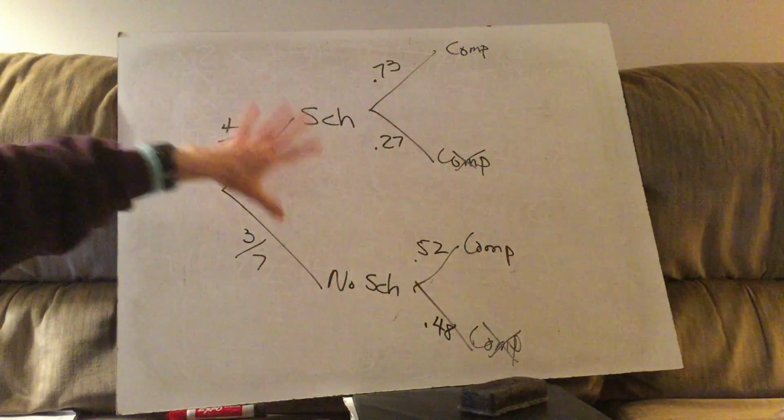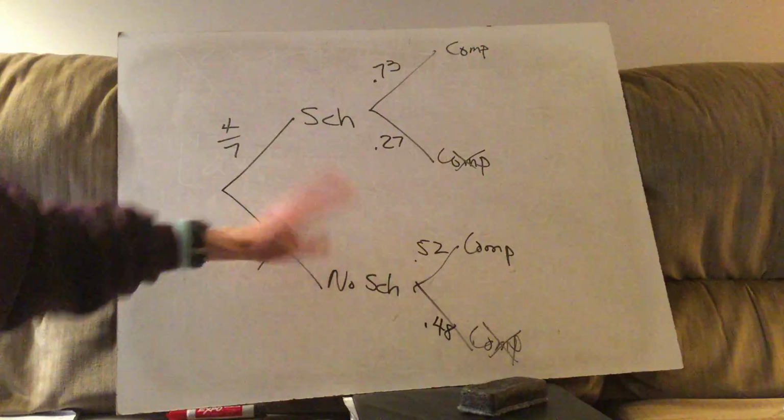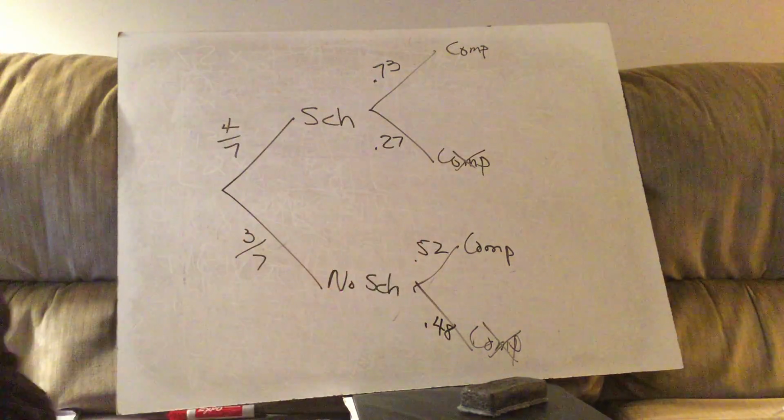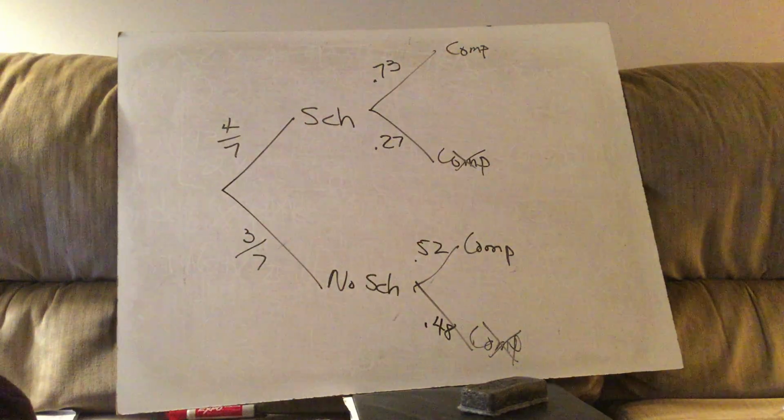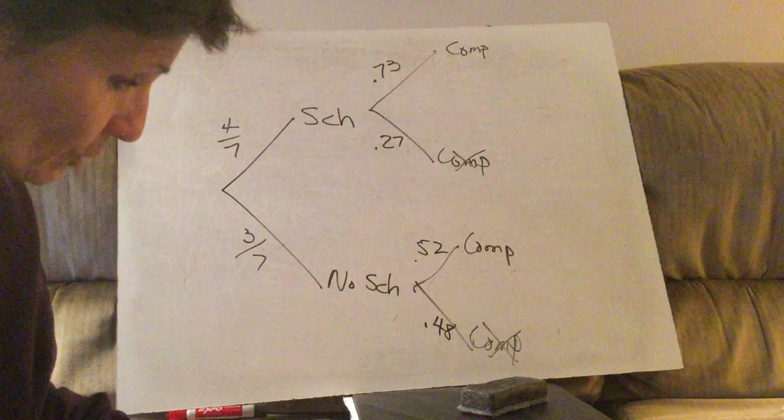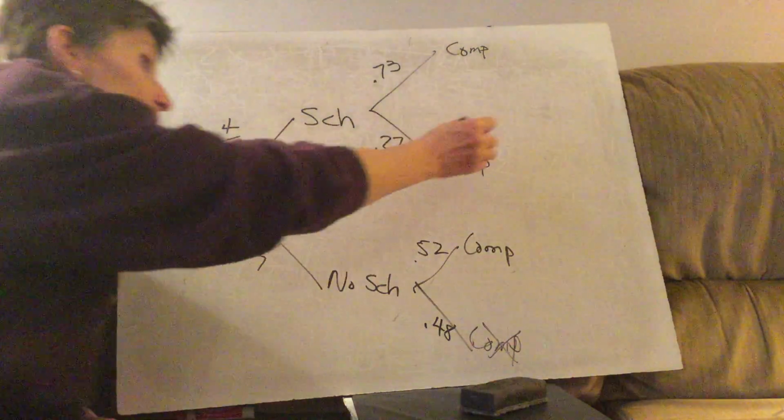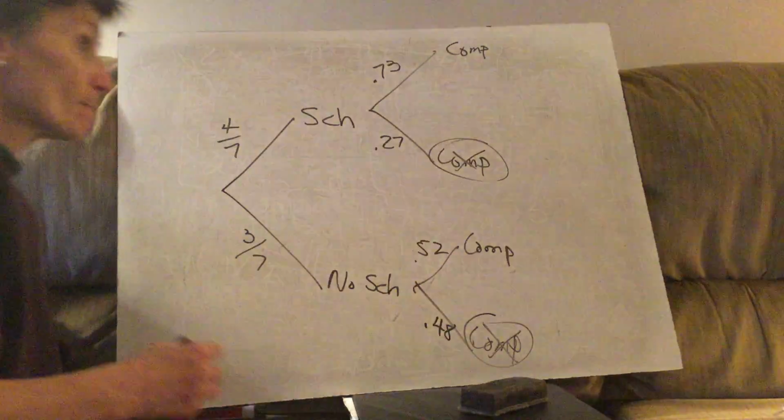Now, remember, whatever the question is, that's the last piece of the tree diagram. So in this case, I had to start with school or no school, and then from there, I built the computer or not. Now I need to know the probability I'm not on the computer, so I need this and this.